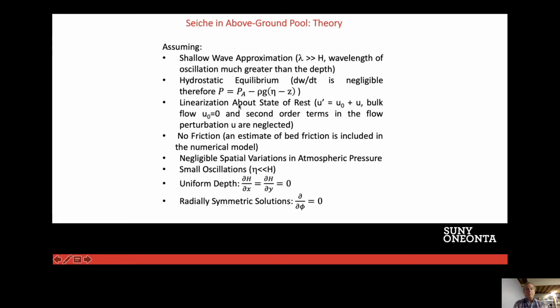We linearize the momentum equations about a state of rest. We assume no friction, but later we'll add bed friction into a model. Negligible spatial variations in atmospheric pressure, small surface oscillations, so eta is much less than the depth, and uniform depth for this case, because that's the case with the pool.